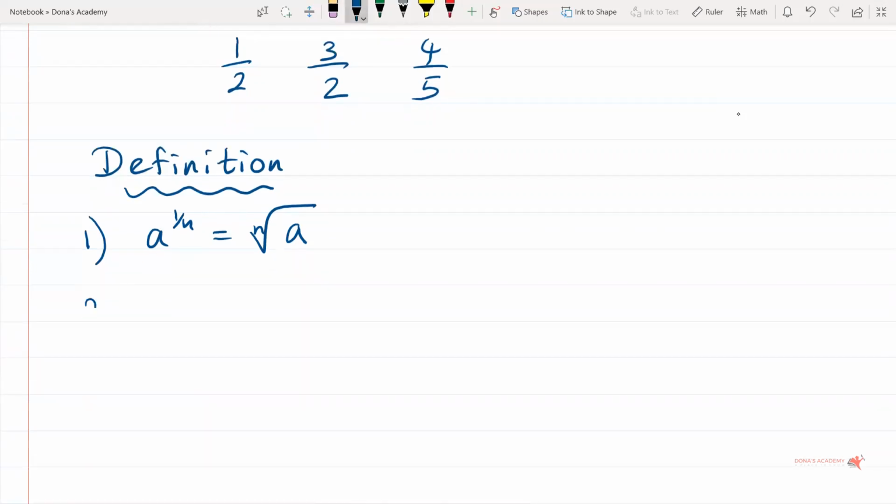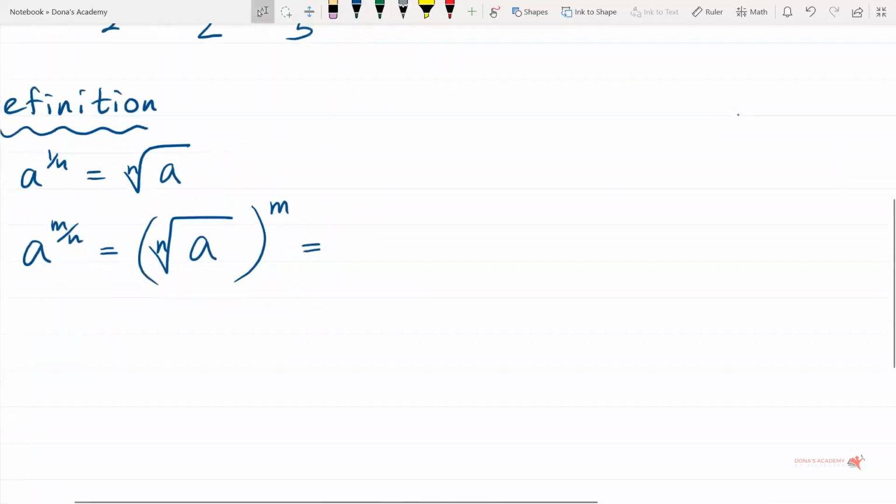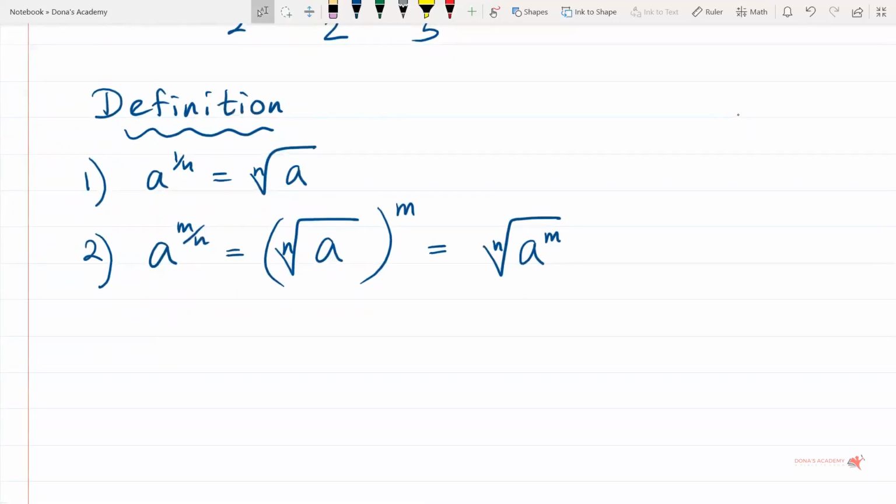Second one: now if you have a to the power m over n, a rational number, this is also a rational, but here the top is 1 in the first case, so that's why it's special. If we have a general number on top, then this is the same as the nth root of a to the power m. And also we can have another form: this is the same as the nth root of a, raised to the power m. They both represent this thing.